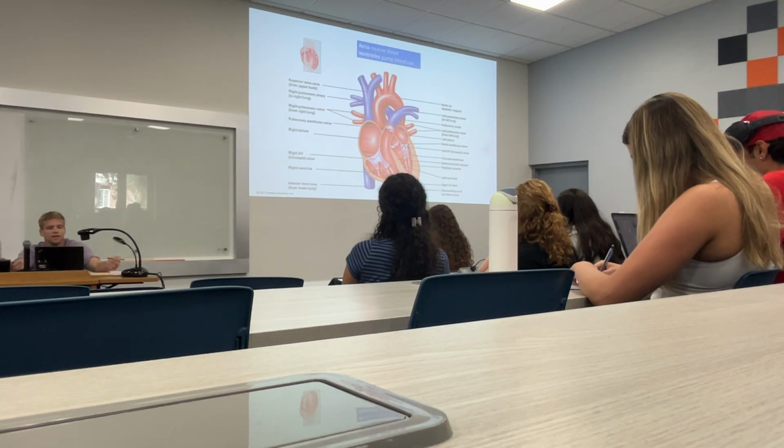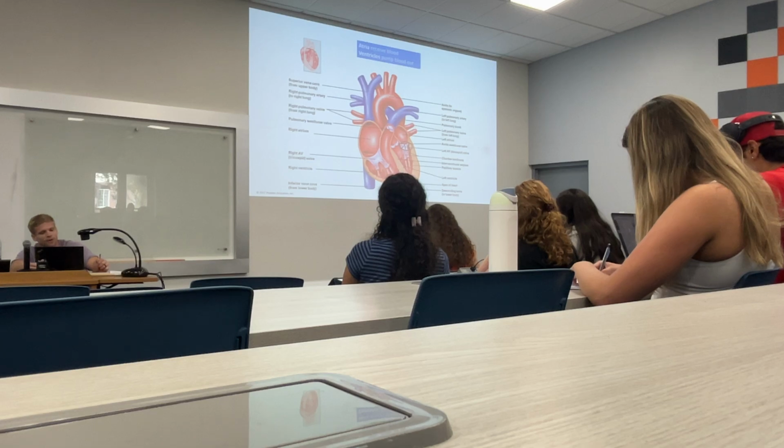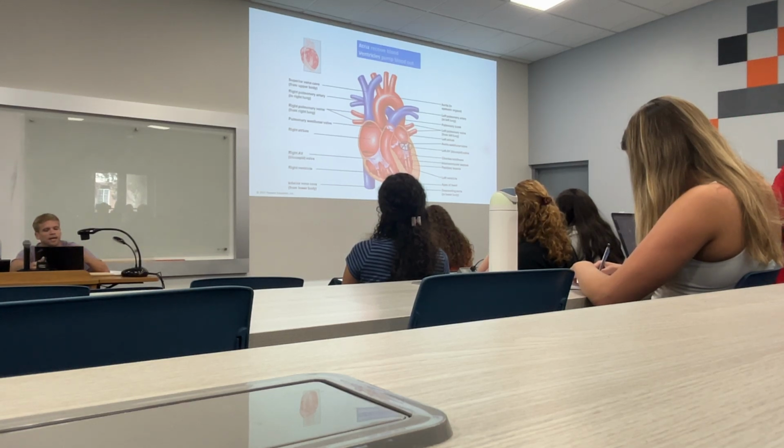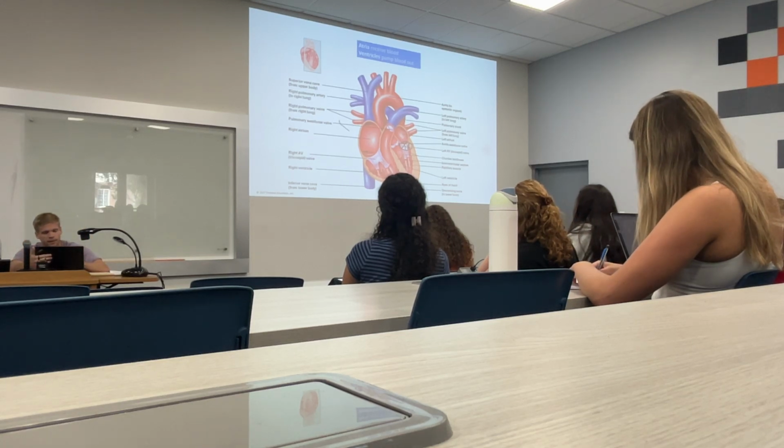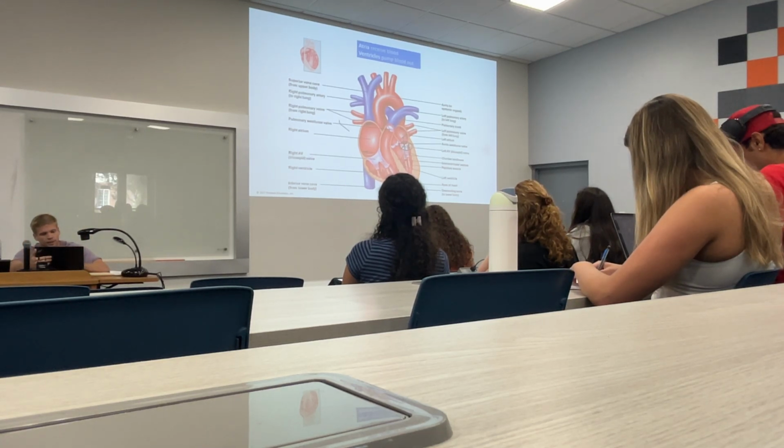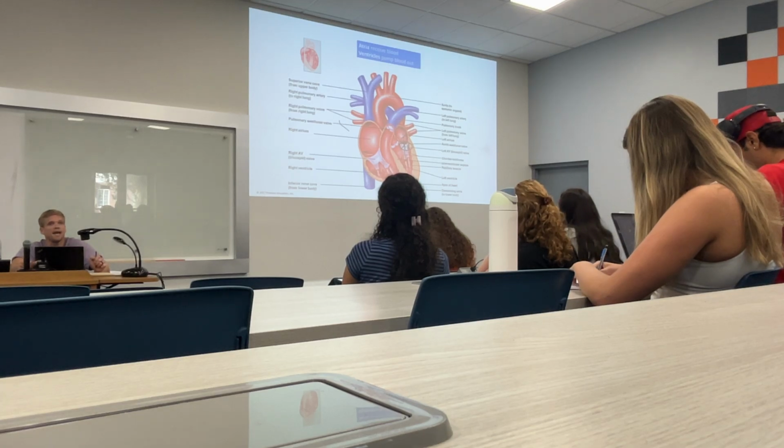Most of the time, statistically speaking, it is over here to the mitral valve, also known as the bicuspid valve. We'll talk about why that is in just a little bit, but what happens is the mitral or bicuspid valve is damaged in some way, and it doesn't shut correctly, and the blood flows backwards into the left atrium.